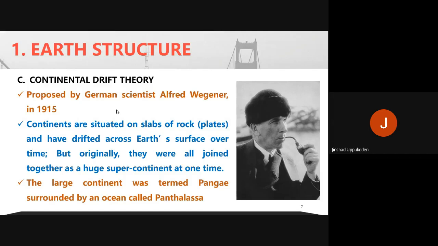Since we don't have any direct way of observing these things, a theory was proposed by the German scientist Alfred Wegener in 1915. It was a hypothesis at that time, in which he stated that the entire continents we see today were one single mass, not divided into different parts.